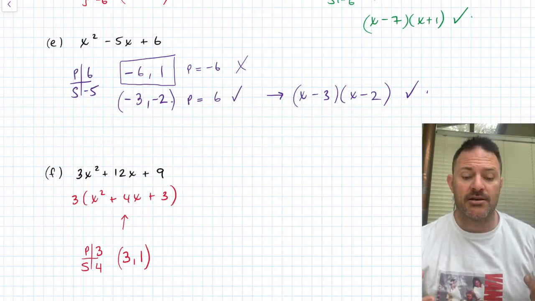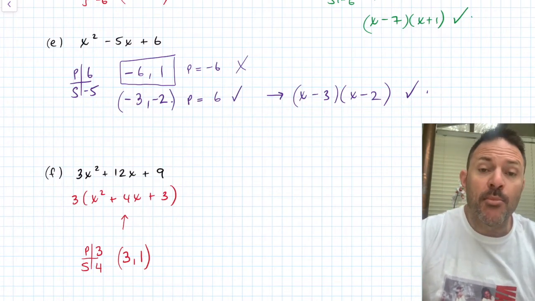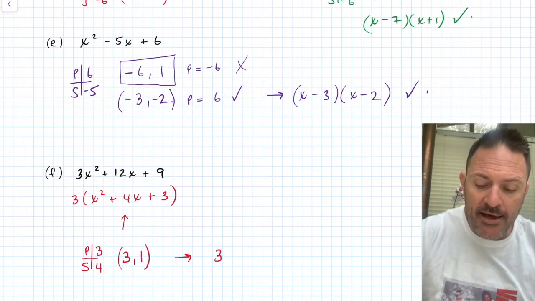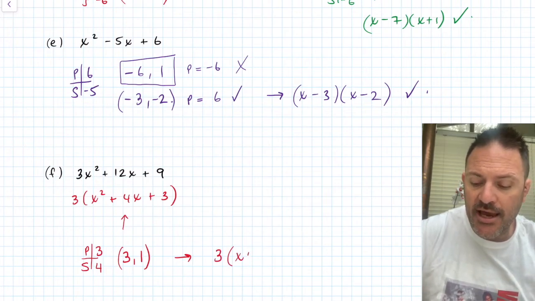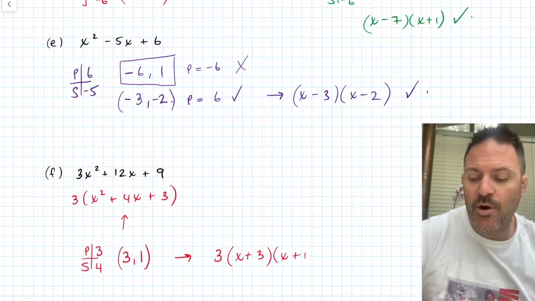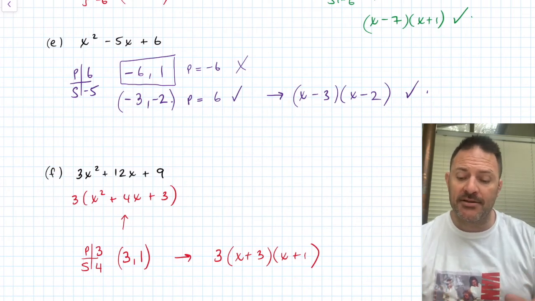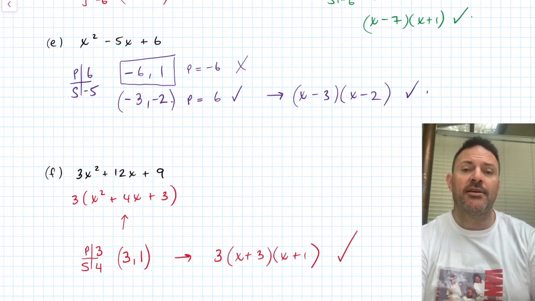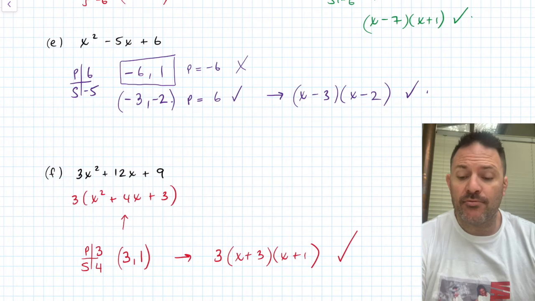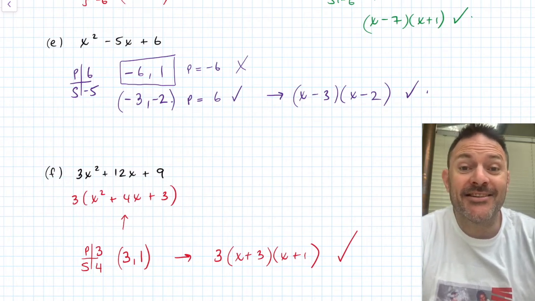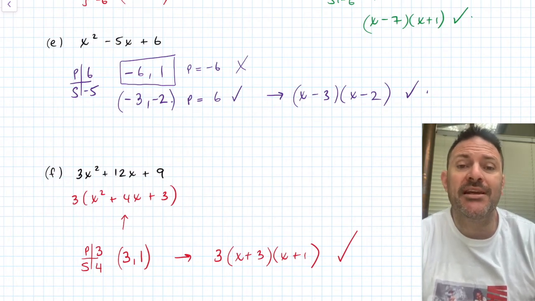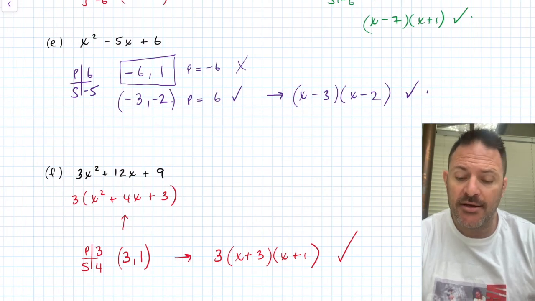Well, that's good, right? And because it's a monic quadratic, I can now go straight through and say x plus 3, and I can say x plus 1. The only difference, of course, is I have that 3 at the front, and that is a perfectly solved, well, in this case, it is a non-monic quadratic, but I've solved it in a monic kind of method.